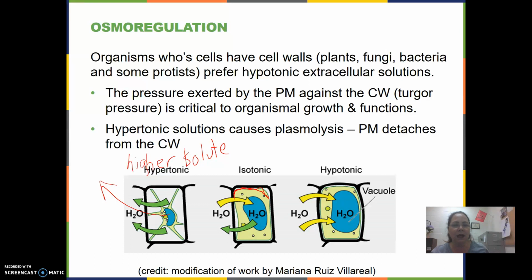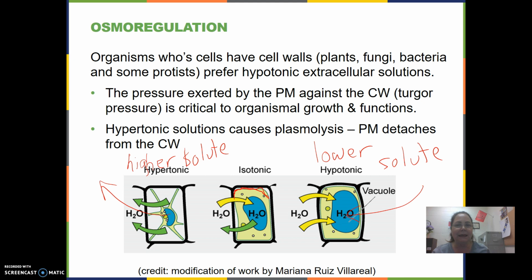In a hypotonic solution, so if you water the plant with distilled water, which has a lower solute concentration, then water from the outside is going to move into the central vacuole of the plant. It's going to cause the plant cell to swell, but it will not burst.